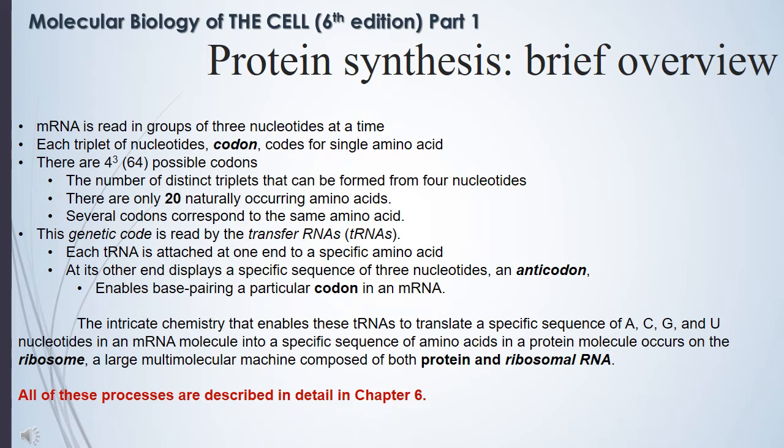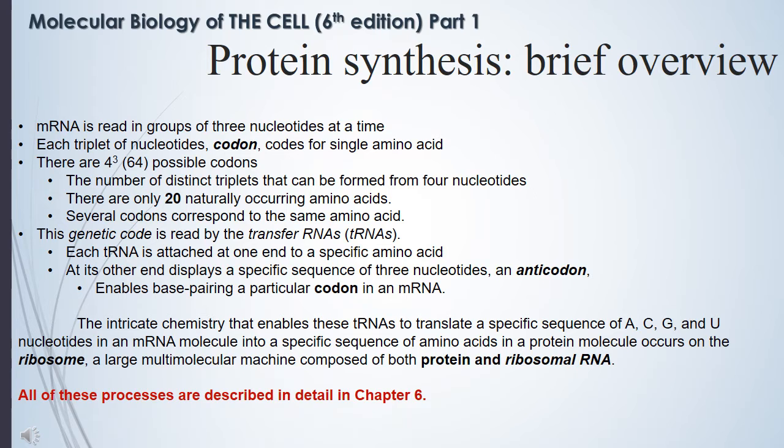This is done in a protein-RNA complex known as the ribosome. It is a very large protein-RNA complex machinery that allows actual synthesis of proteins in the cytosol of a cell.